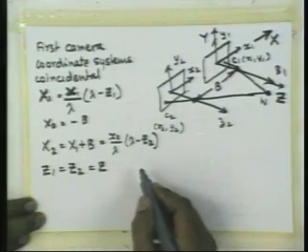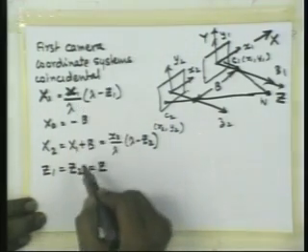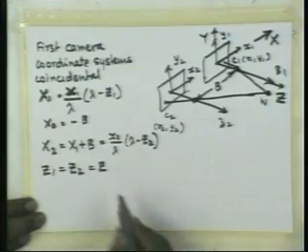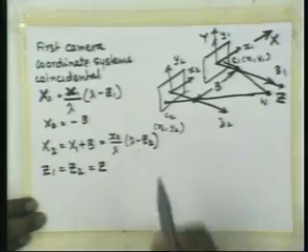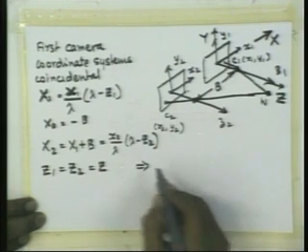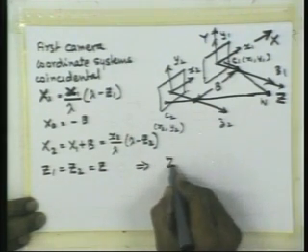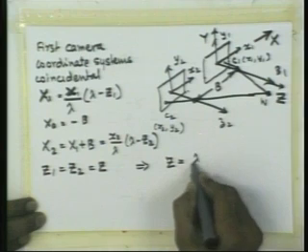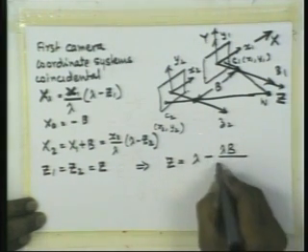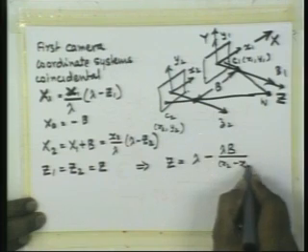So, what I can do now is use this relationship, subtract one from the other to get a relationship, and substitute z1 and z2 equal to z. From all this I get that capital Z equals lambda minus lambda b divided by x2 minus x1.